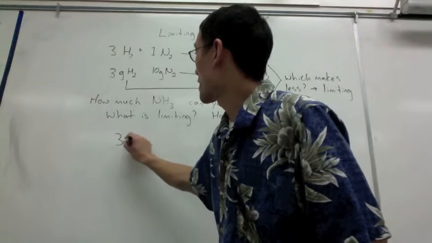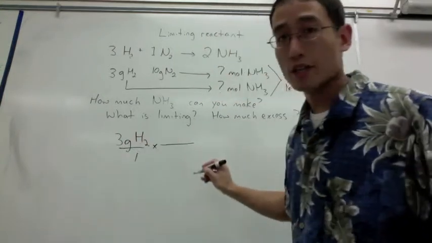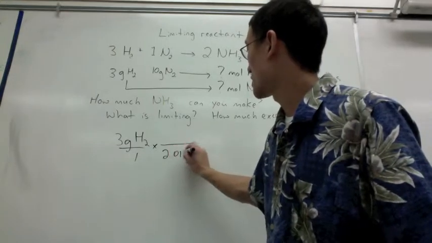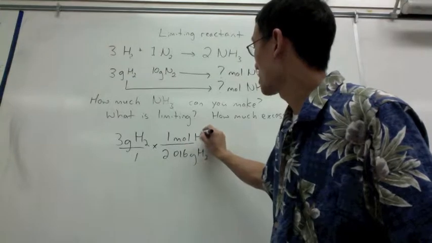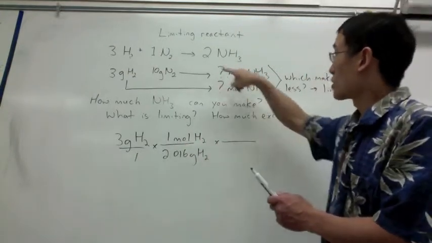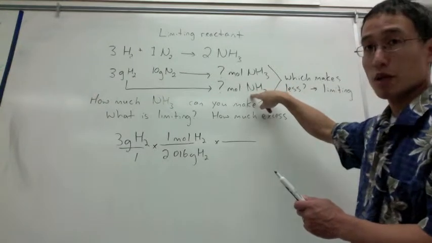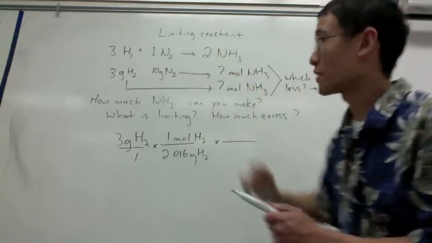I'm going to start with 3 grams of H2. And from the periodic table, you know that there's 2.016 grams of H2 for every 1 mole of H2. Now I want to determine how many moles of NH3 I can make, and I use the mole ratio, 3 moles of H2 for every 2 moles of NH3.